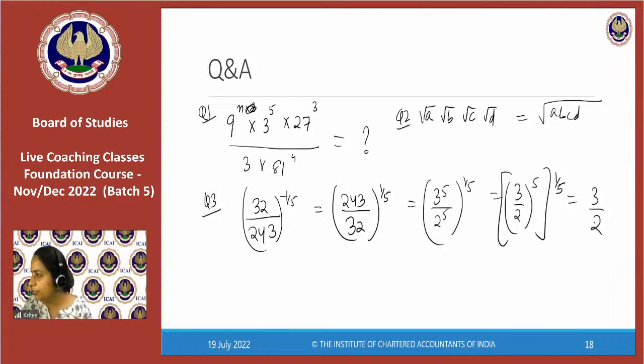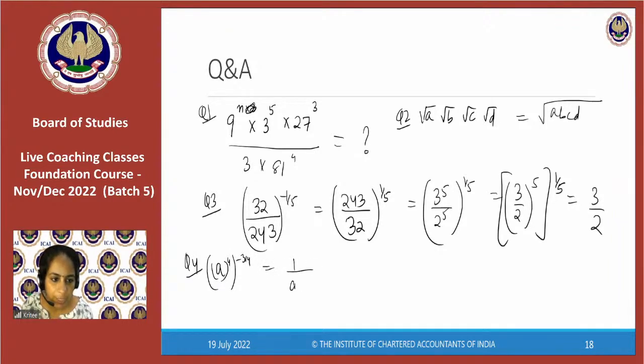The fourth question says a raised to 4 whole raised to power minus 3/4. So again, make it 1 by a raised to power 4 raised to power 3/4. 4 and 4 cancel, 1 by a cube, or a raised to power minus 3, is your answer.